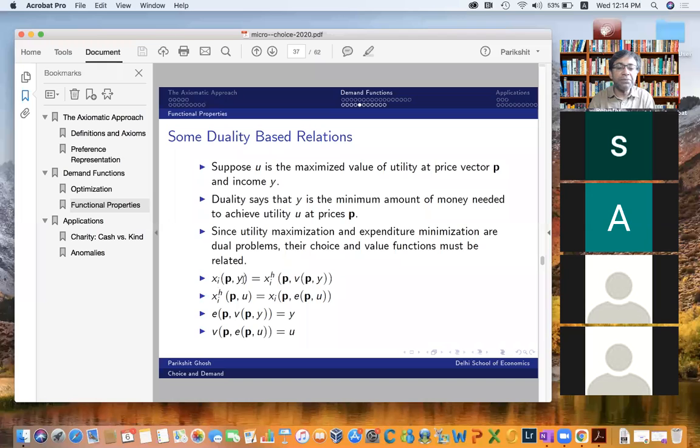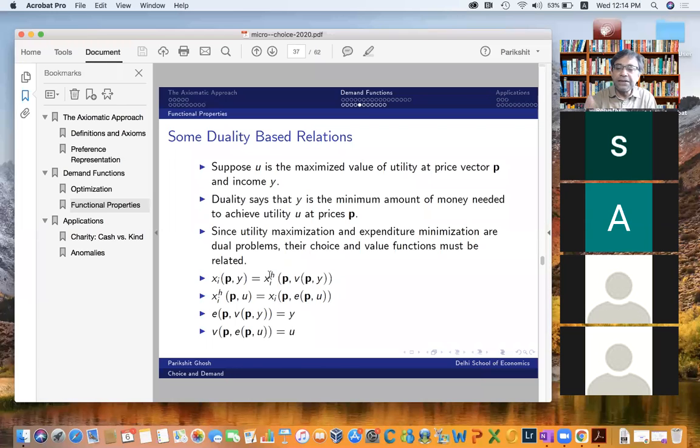In other words, some linkages between the choice functions of the two problems, the original utility maximization problem and its dual. So these first two equations describe the relationship between the choice functions of the two problems, and the second two give us the relationship between the value functions of the two problems.